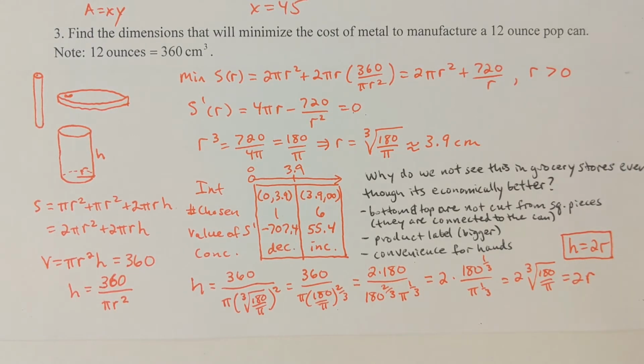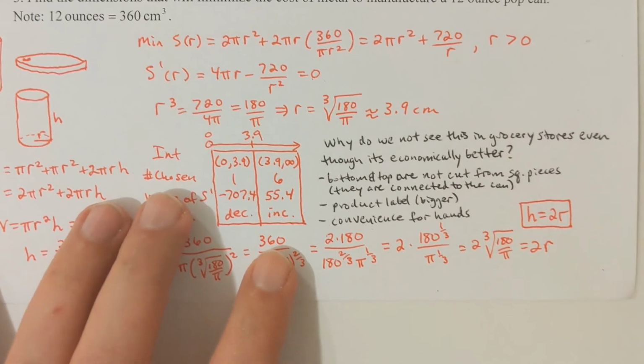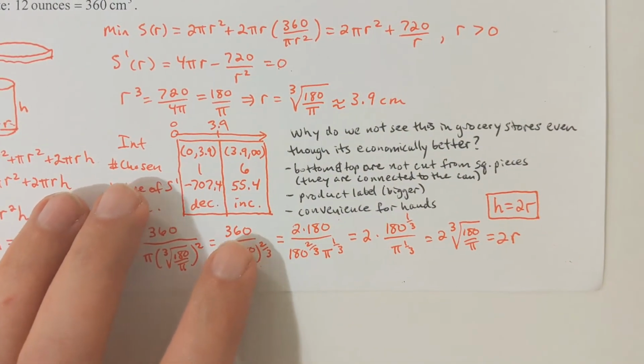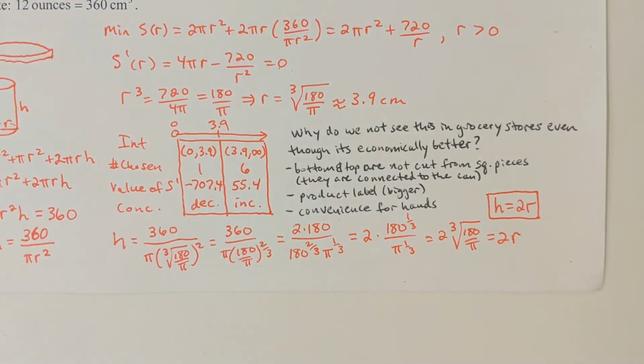Now, I don't know about you, but whenever I look at a pop can, I don't think I've ever seen a pop can where the height and the diameter are the same. At least not a 12-ounce pop can. So why do you think pop can companies do it like that when it's economically better to have the height and the diameter be the same?